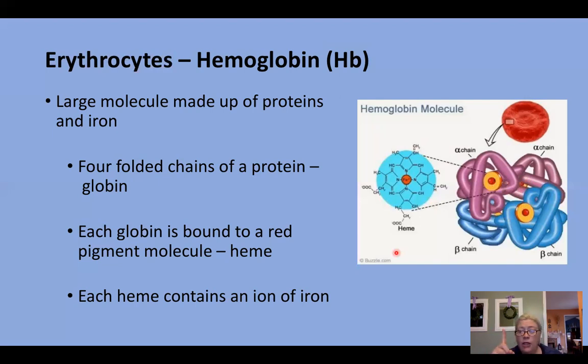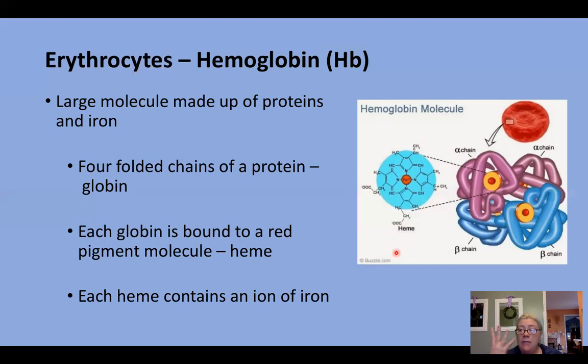All right, so quick review. 1 molecule of hemoglobin is made up of 4 polypeptide chains. Each one of those chains is going to contain 1 heme pigment. So if each chain has 1 heme pigment, that means each hemoglobin molecule is going to have 4 heme pigments.